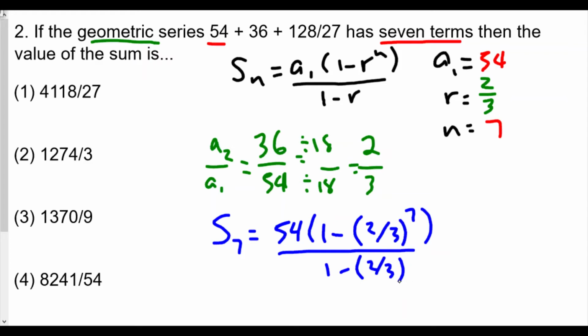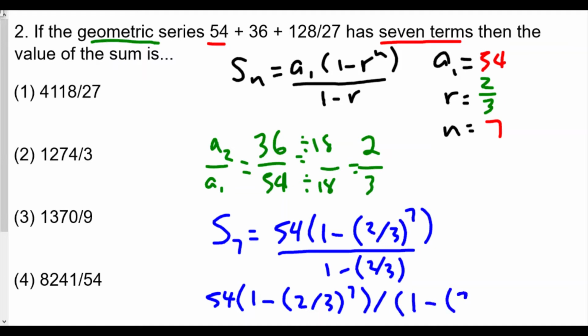And so we'll type it in the calculator. If you want to type it in the calculator, you type it as follows: 54, open parenthesis, 1 minus, open parenthesis, 2 divided by 3, close parenthesis, raised to the 7th, close parenthesis, divide by, open parenthesis, 1 minus, open parenthesis, 2 divided by 3, close parenthesis twice. So let's do that.